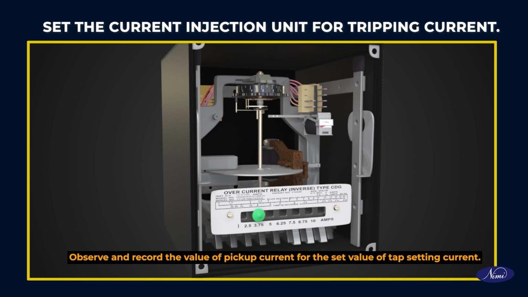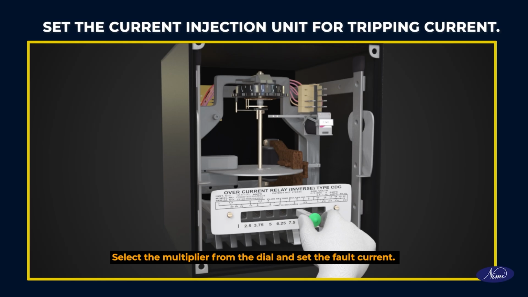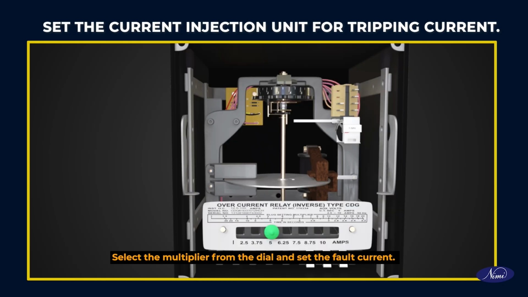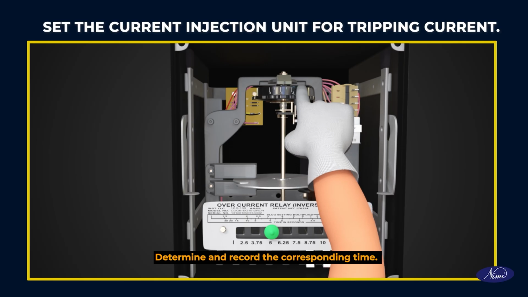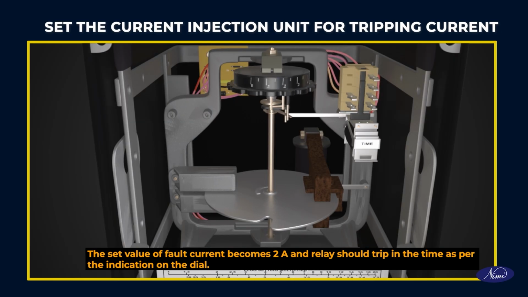Observe and record the value of pickup current for the set value of tap setting current. Select the multiplier from the dial and set the fault current. Determine and record the corresponding time. The set value of fault current becomes 2 amperes and relay should trip in the time as per the indication on the dial.